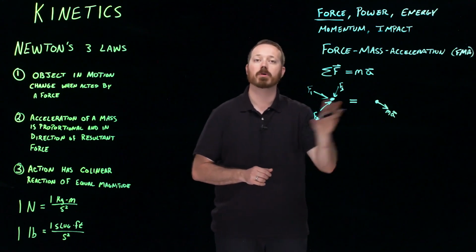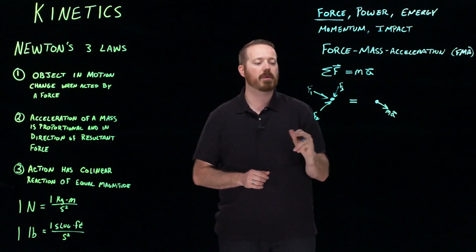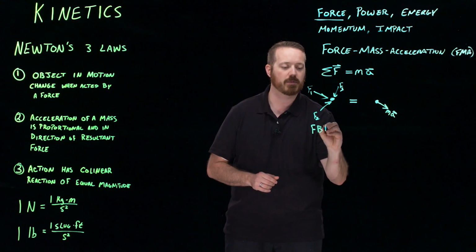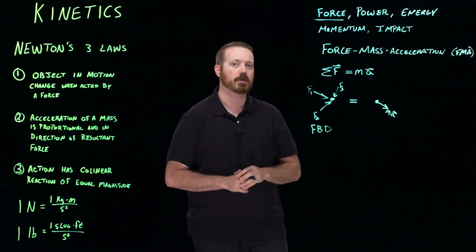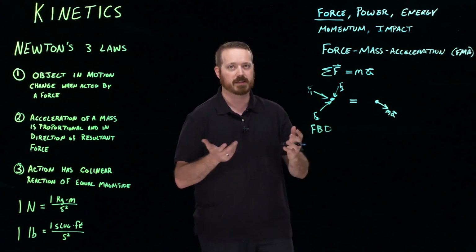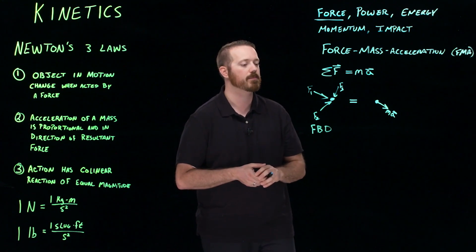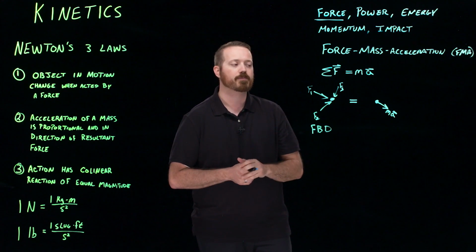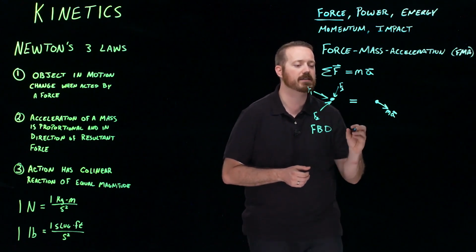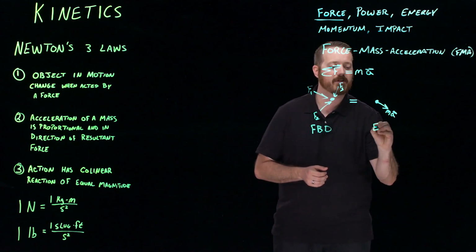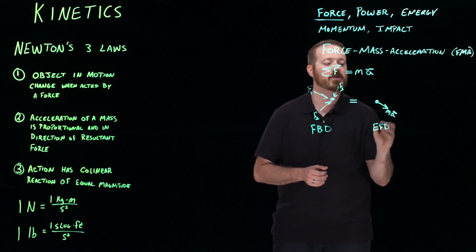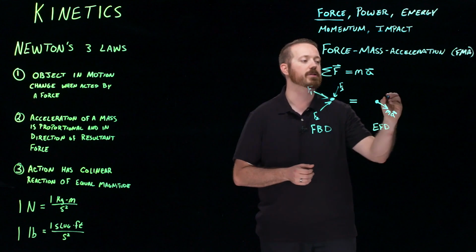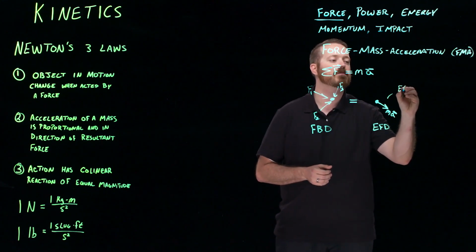So these are two important diagrams. The one you may be familiar with, we call it a free body diagram. A free body diagram shows forces acting on an object, in this case a particle, because that's what we're talking about in particle kinetics. So this is a free body diagram. And this side is called an effective force diagram. So this resultant equivalent mass times acceleration is what's called an effective force.